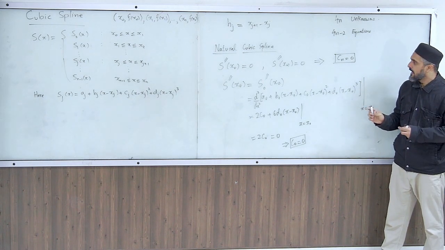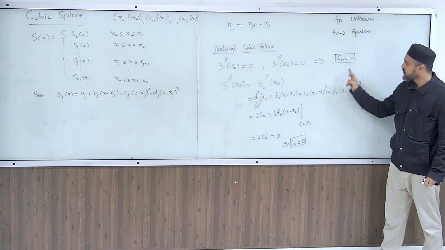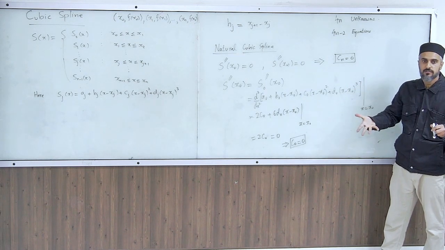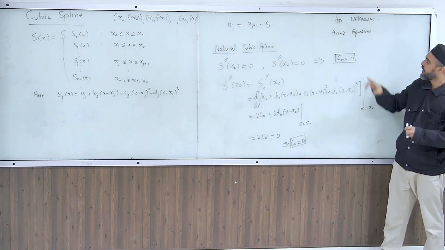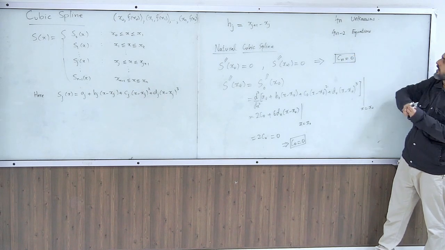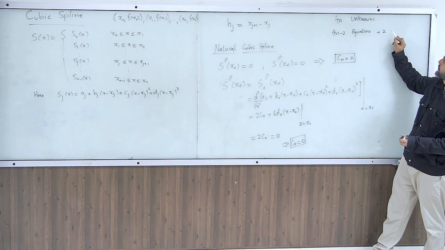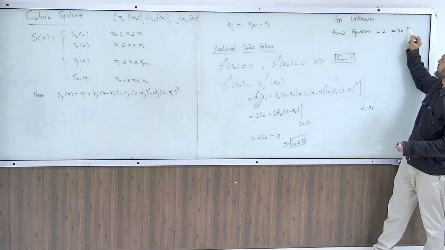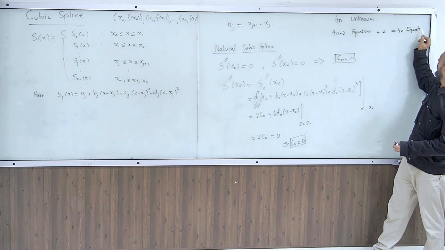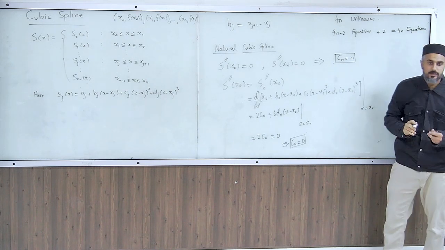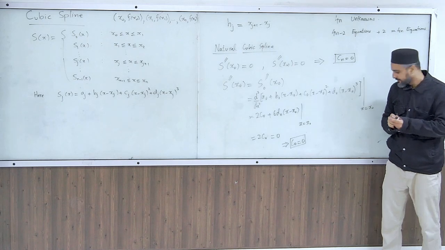These are the two equations that you got from the endpoints. When added to these, we got a total of 4n equations.